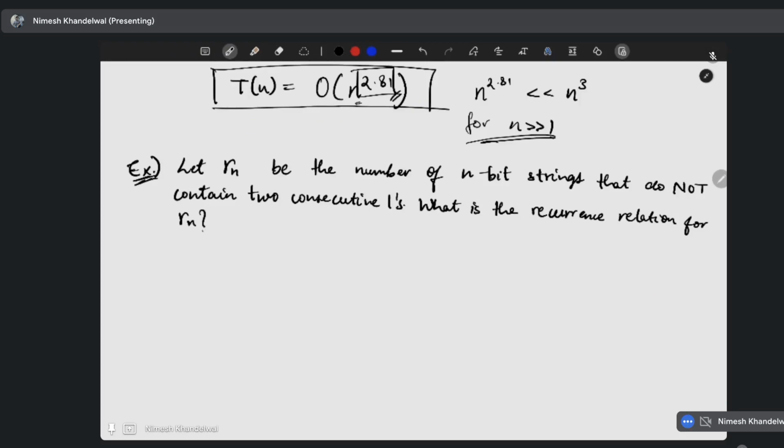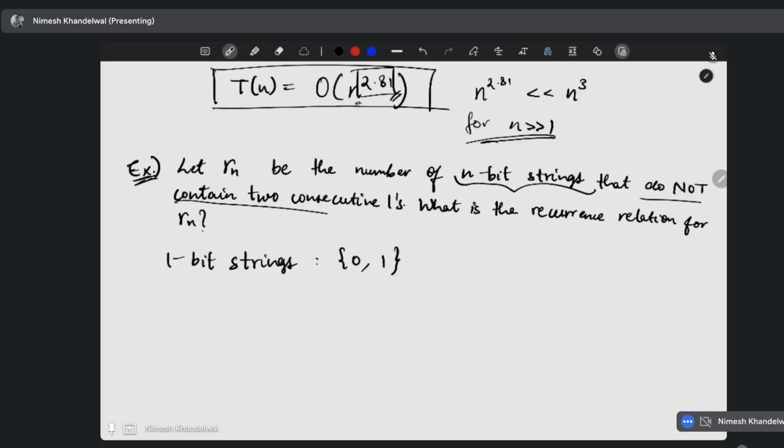Okay, so we want n-bit strings, right, that do not contain two consecutive ones, right? So let us start writing some of the sequences for different values of n, right? Valid 1-bit strings, so it's basically 0 or 1, right?